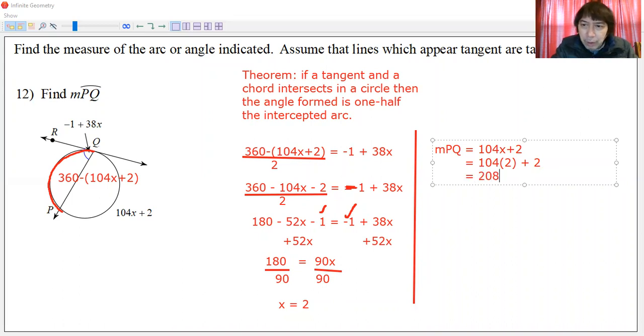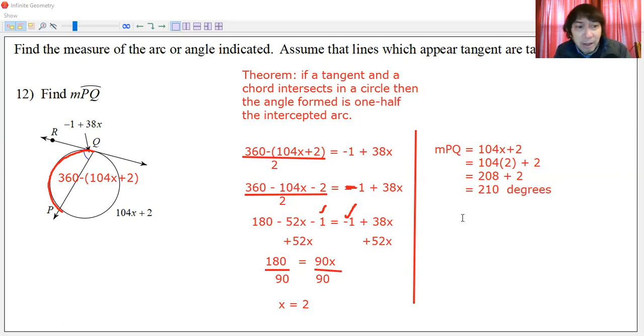This is 208 plus 2. Multiplying 104 by 2 gives us 208, and we add 2. That gives 210, so this is equal to 210 degrees.